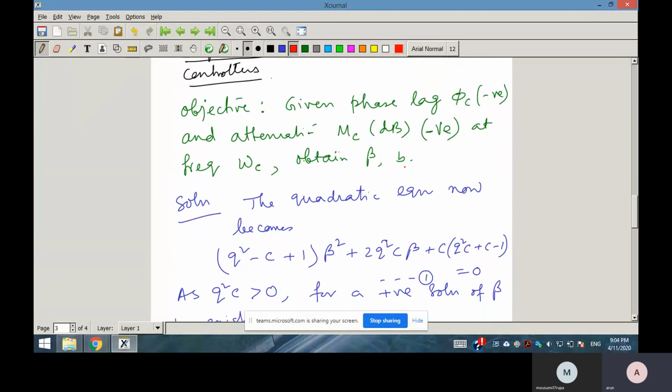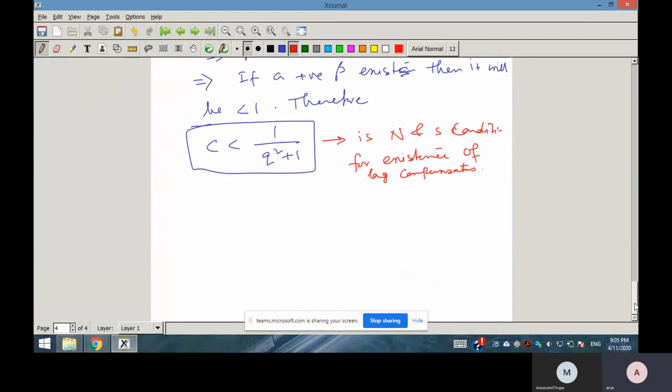Once the positive value of beta is obtained, now the remaining is B. So how can you obtain B? Once beta is obtained by solving this, one can determine B, same as in the lead compensator.